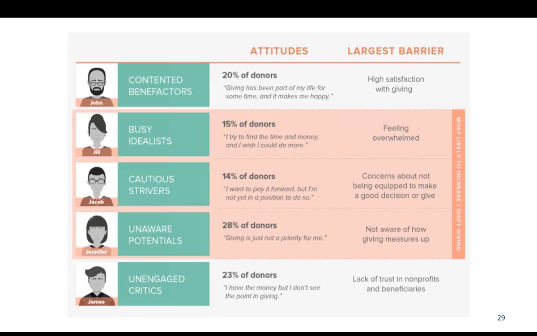And the unengaged critics have already sort of pulled themselves out of this lineup, and so it's these three in the middle, and you want to really focus your messaging on those guys. So you want to make it a little more personalized. You want to make it engaging, and really make it a positive experience for them in a lot of different ways.